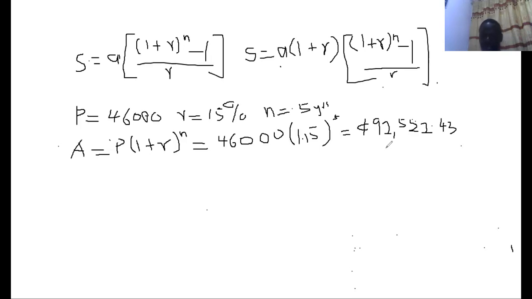The idea is that you are setting these monies into that fund so that by the end of the 5th year, the balance in the account will be exactly 92,522, so that you are using that money to settle the loan. That's the whole idea here.